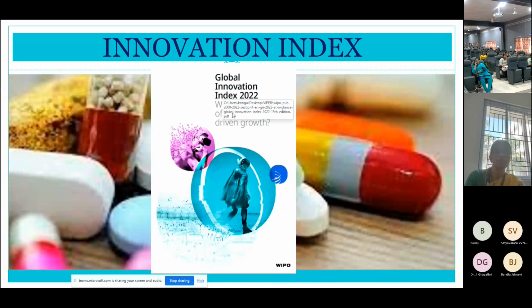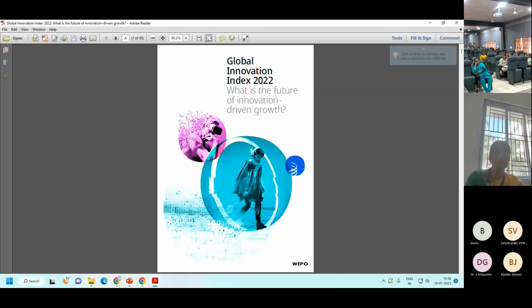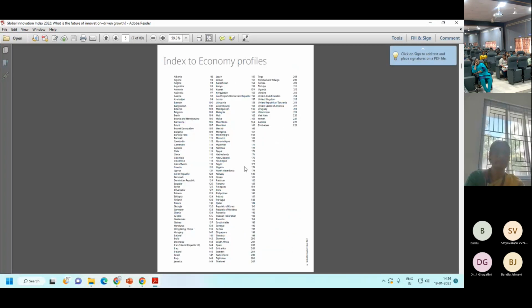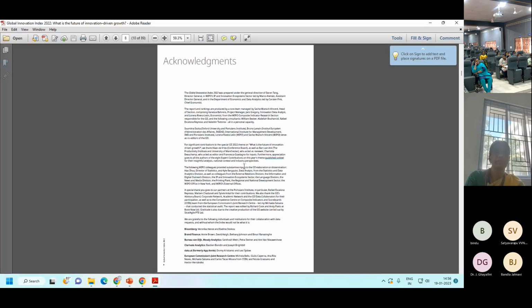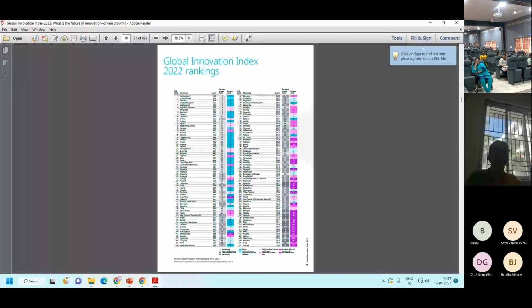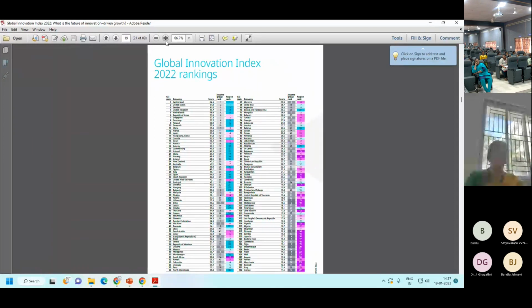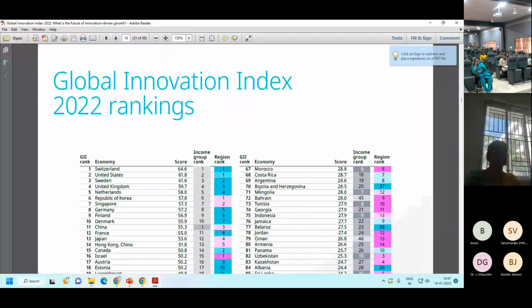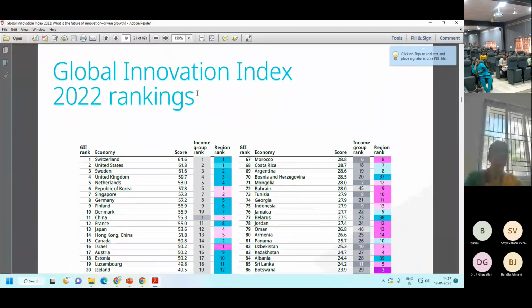So here, the Global Innovation Index, it's given. I hope you can see this. Yeah. See this Global Innovation Index 2022.